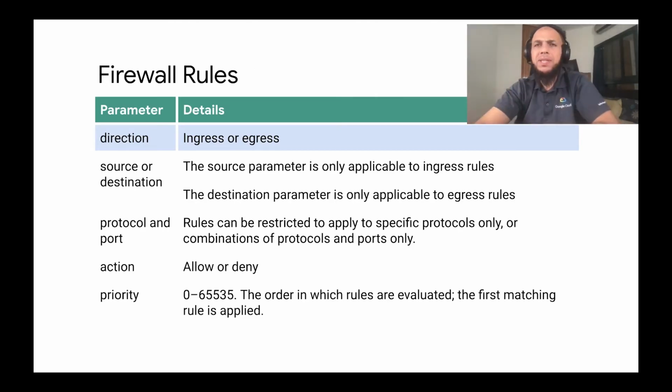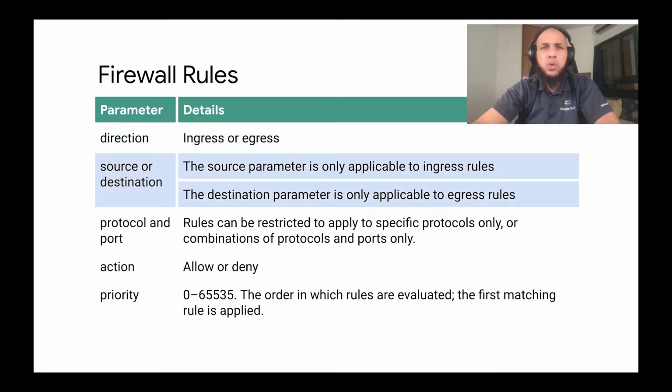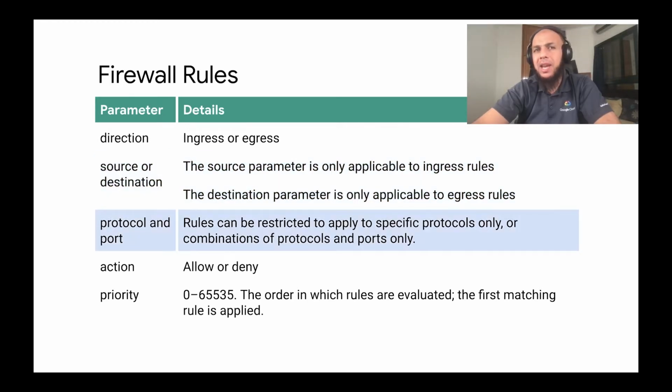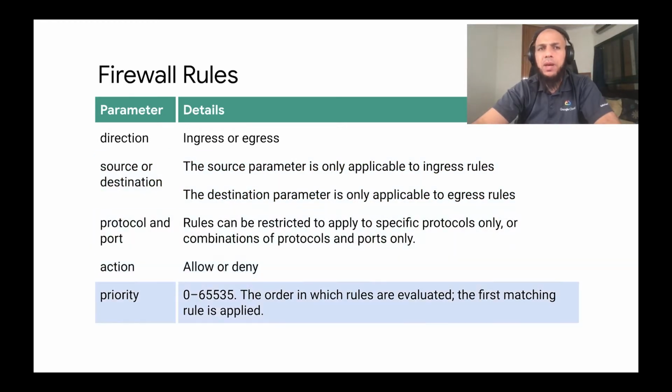So the firewall rule is basically about direction, ingress or egress. You need to specify source or destination, the protocol and port that need to be considered for the firewall rule, and then the action, allow or deny. And then we've got priority. Priority is about resolving conflicting situations where you have two firewall rules with the very same direction, same source, destination, protocol and ports, but for the action, one is saying allow and one is saying deny.